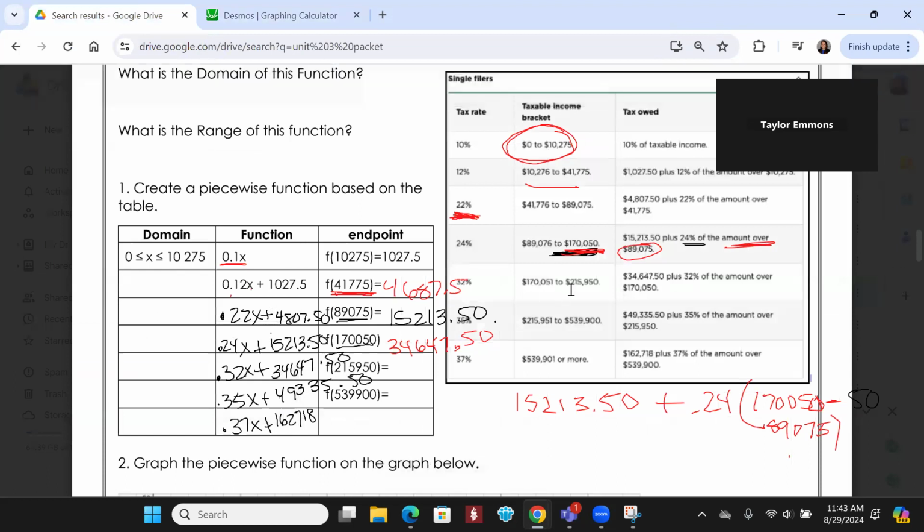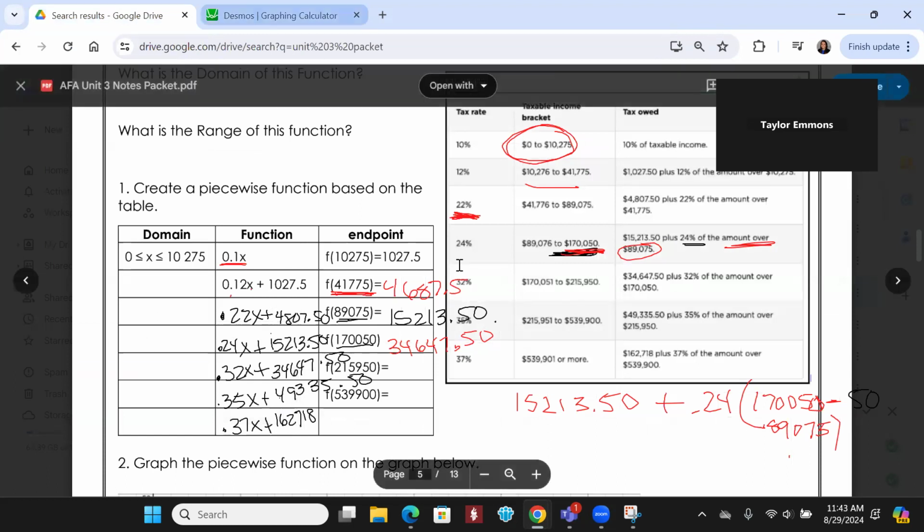Okay, so we're in the next tax bracket. So in the next tax bracket, you're going to subtract this amount.